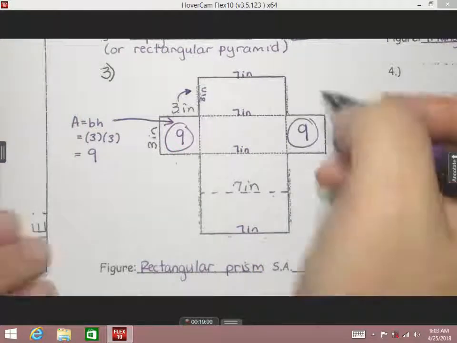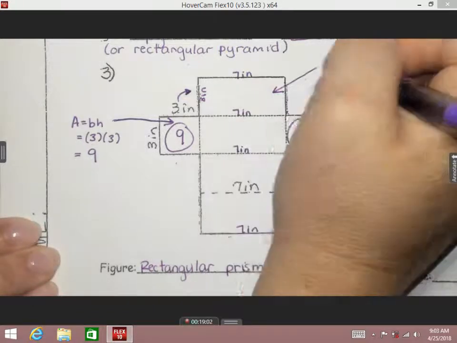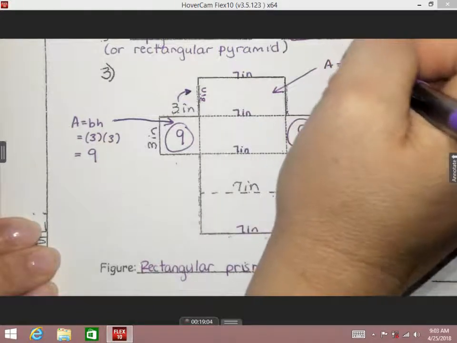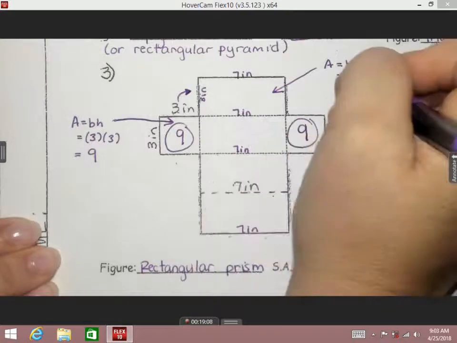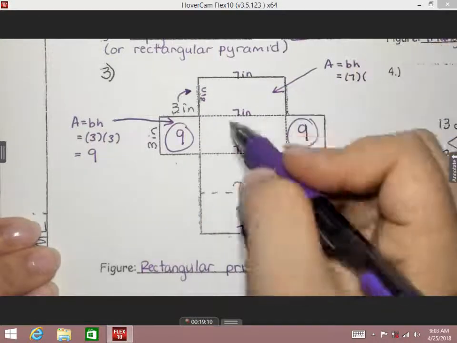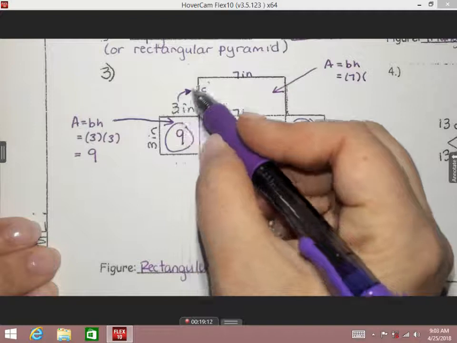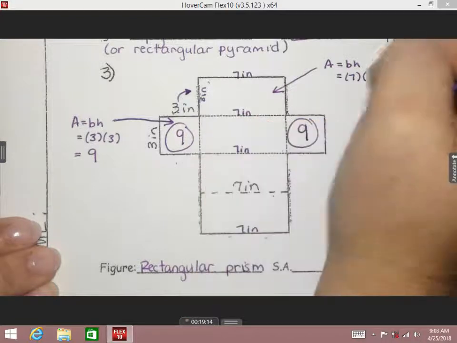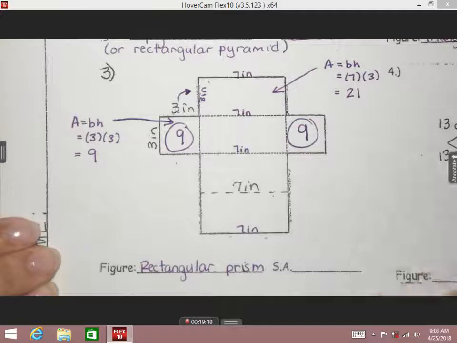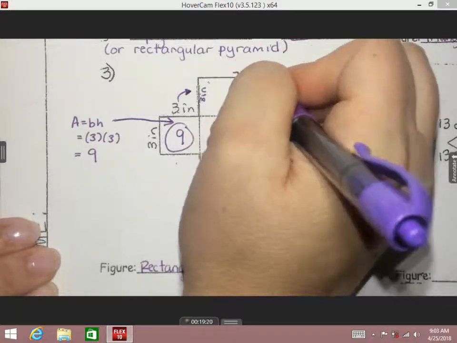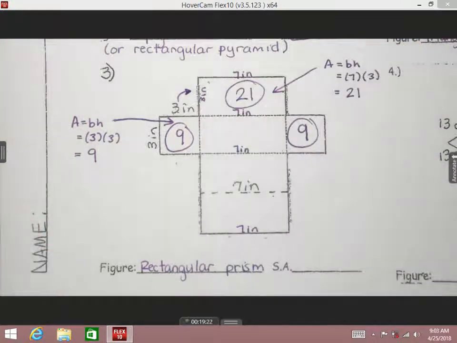Yeah, so now can I do this top rectangle? Area equals base times height. What's the base? 7. What's the height? 3, because remember that's going to fold together. When I multiply that I get 21. So this rectangle is 21.